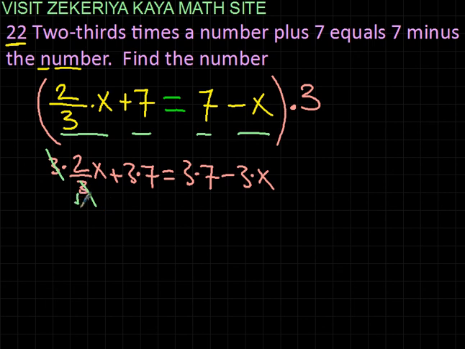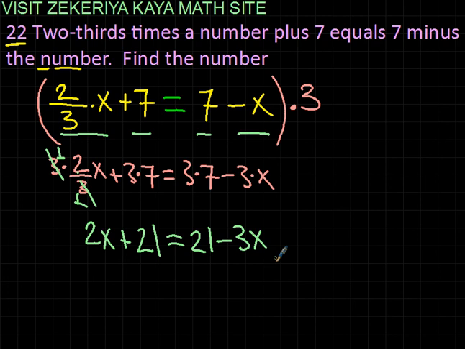So for this one I will use 1, for this I will use 1 again. So if I do the multiplication, 1 times 2 is 2 times x makes 2x, plus 3 times 7 is 21, equals 3 times 7 is 21, minus 3 times x, we can write it simply as minus 3x.